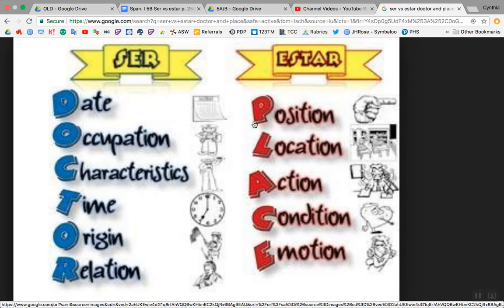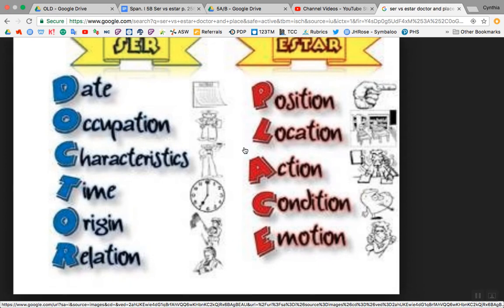By position, I mean something's to the left or to the right. So, está a la derecha, it's to the right. Location, where something's located, like my paper is on my desk. Mi papel está encima de mi pupitre. My paper's on top of my desk.